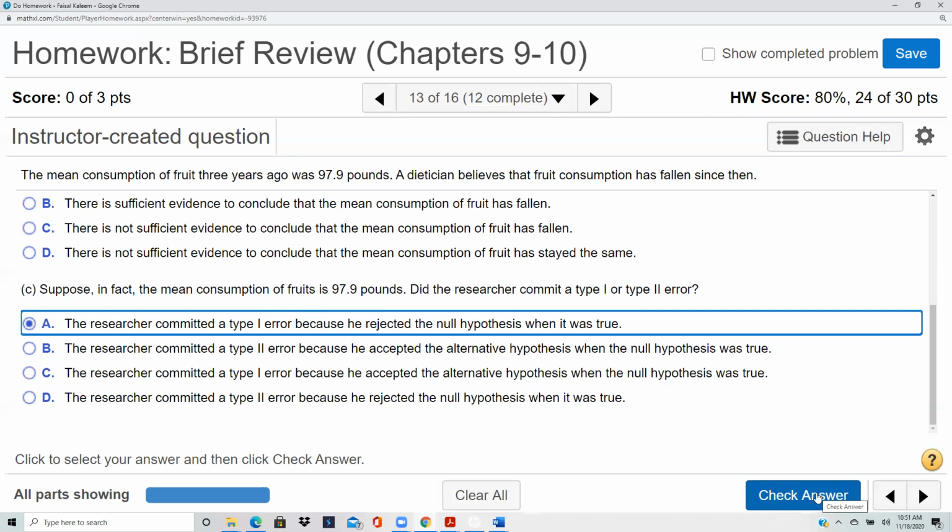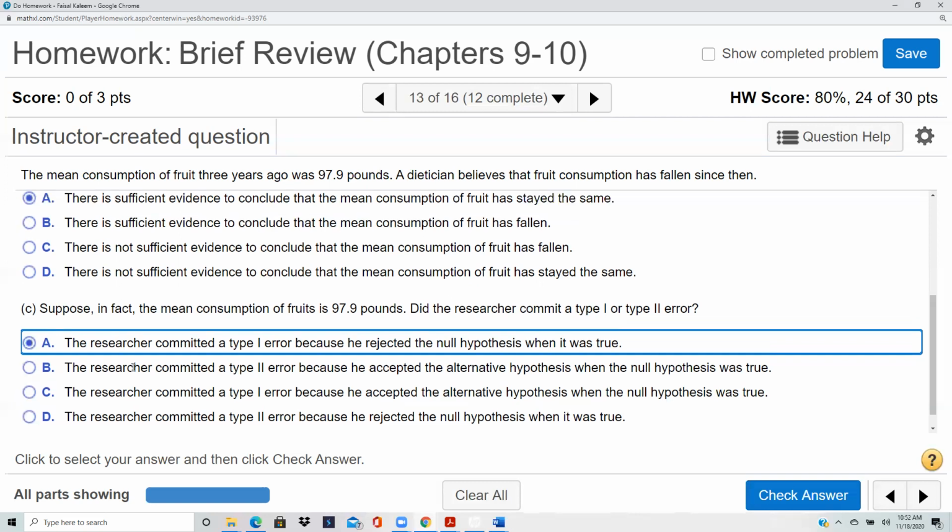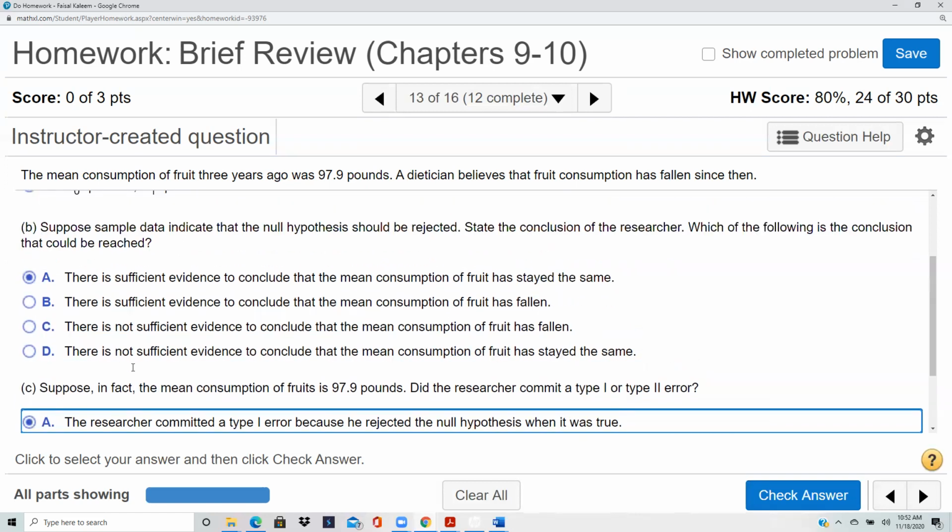And with B, would we put the mean consumption of fruit has fallen? Yeah.